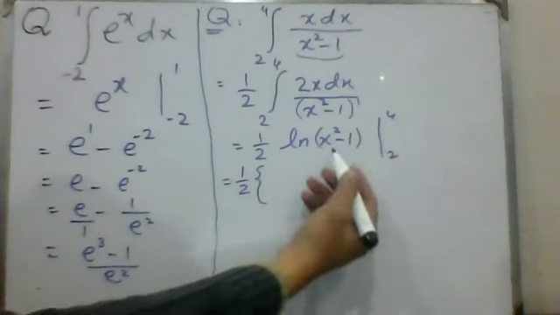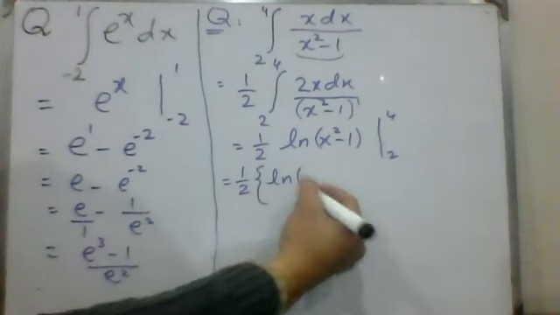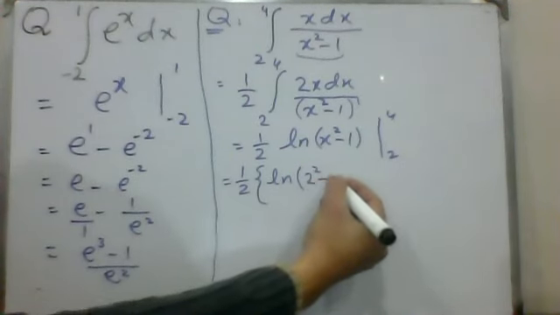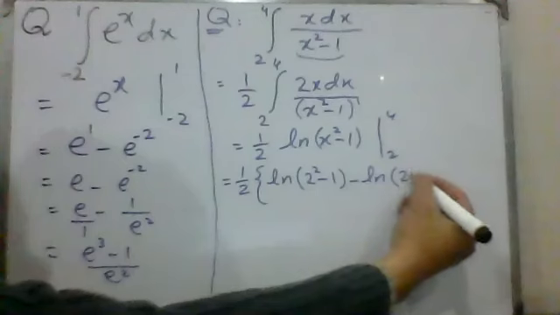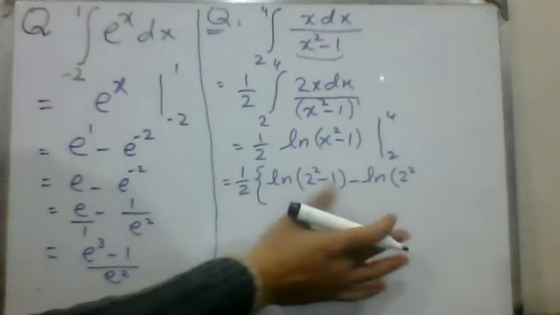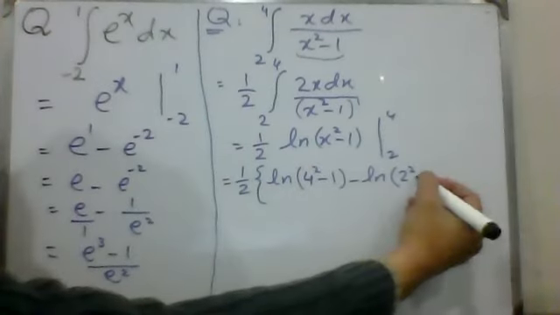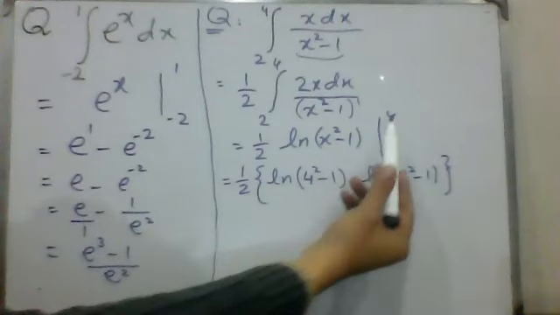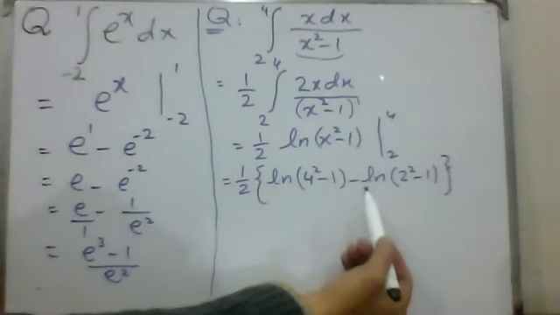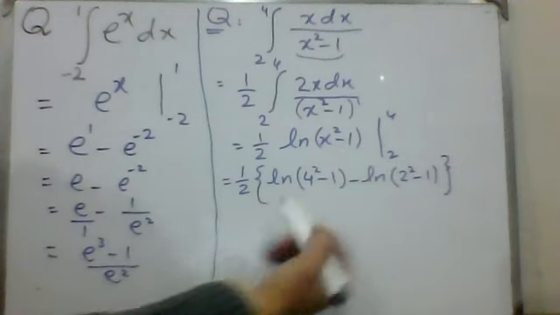First, in the place of x, we put the upper limit 4, then the negative sign, and we put the lower limit 2 in the place of x.